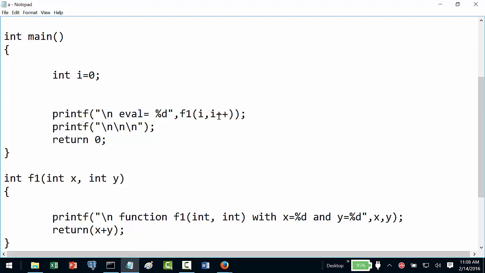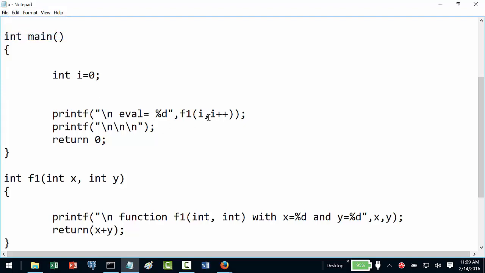But suppose I make a dependency now, suppose I say i plus plus. If I do left to right, first the value of i should be 0, which is the value of x. Then the value of i will go here, that should also be 0. And then I am incrementing. So my values of x and y should be 0 and 0. That is one aspect.